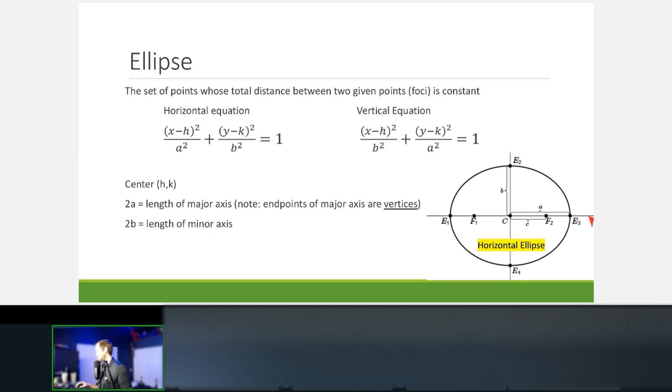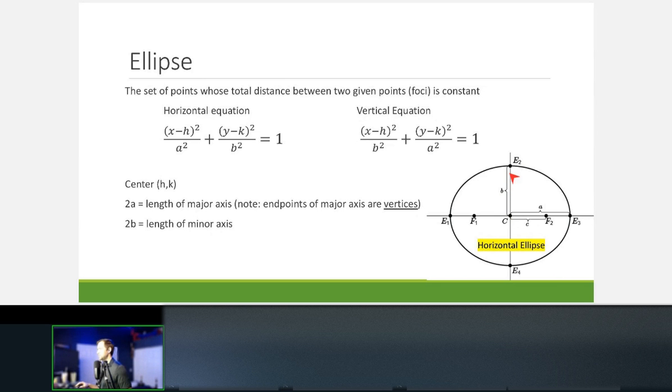E sub 1 and E sub 3, those are your major vertices. Capital C, that's your center. From the center to a major vertex, that is length of A, like labeled here. From the center to a minor vertex, that is a length of B.